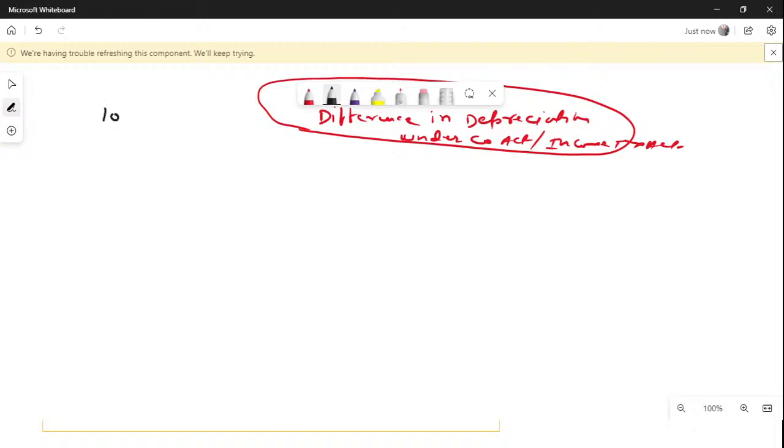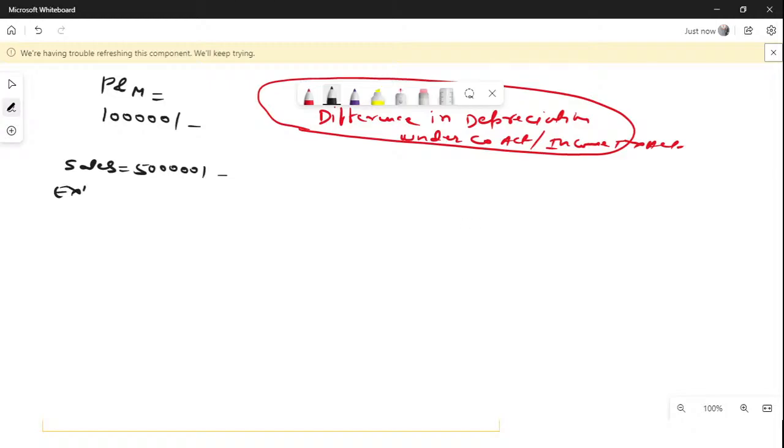Suppose the company has an investment in plant and machinery of 1 lakh rupees. And the company has made sales of, suppose, 5 lakh rupees.